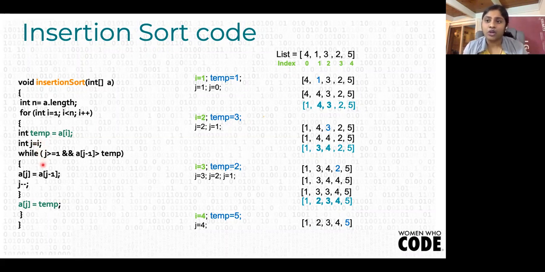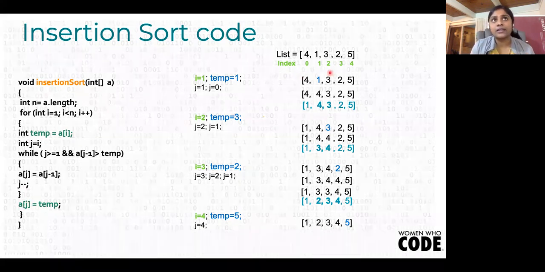In case it's smaller, we are just shifting the position of that element and decrementing the j counter to compare the next previous element. So we'll see how this is being done. And once you compare and you find the correct position of that particular element, then you place that element in that particular index. Let's understand this with an example.